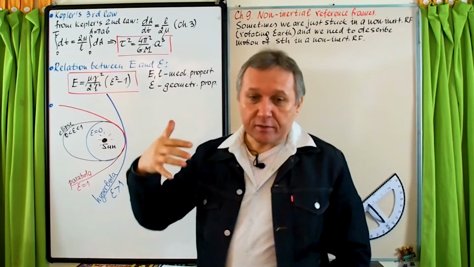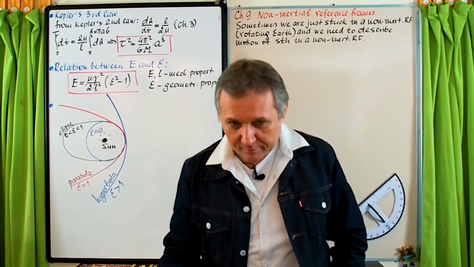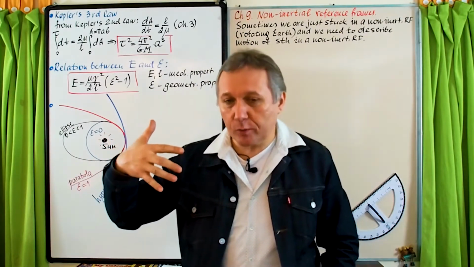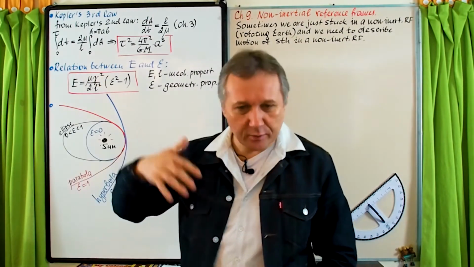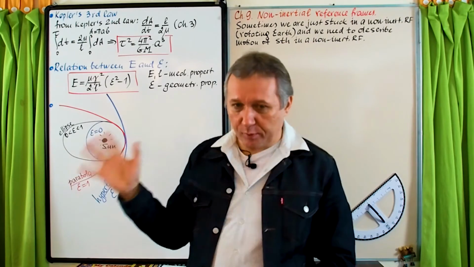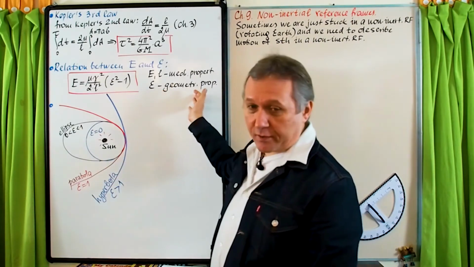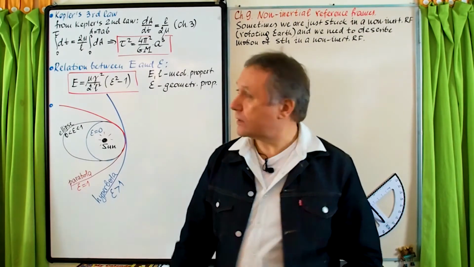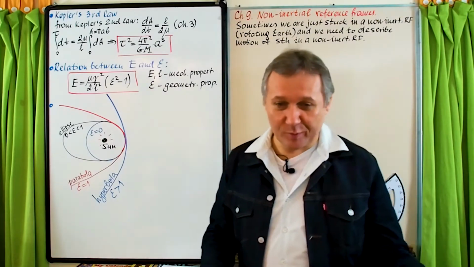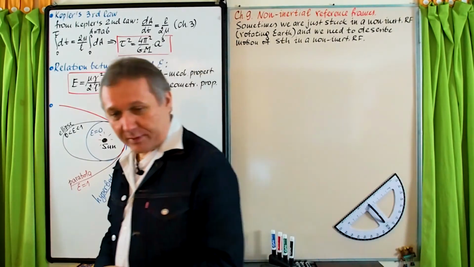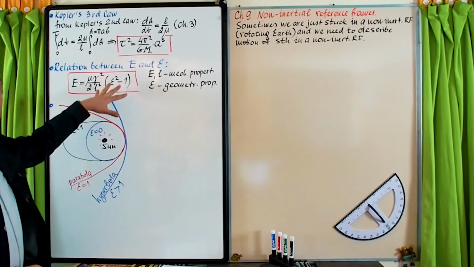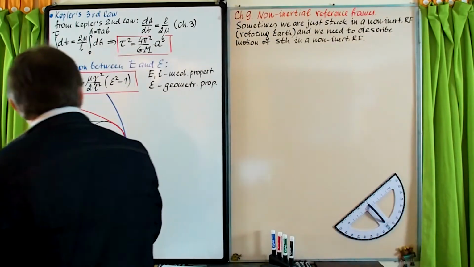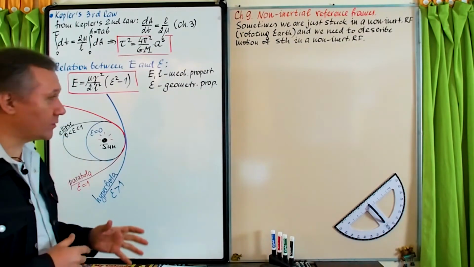E and L describe mechanical properties of a system, constants which are usually determined by the initial conditions when you launch a satellite or something. And eccentricity describes geometrical properties. So basically, it's an equation which relates mechanical properties of a system with the geometry of the system. Again, this can be easily derived, so I decided to skip it. It's not that crucial. It's fun, but, as I said, not that crucial.